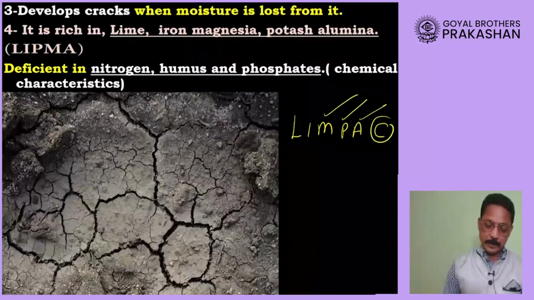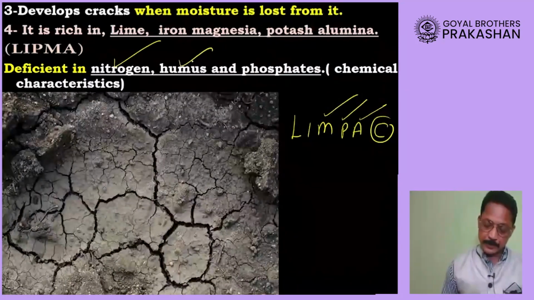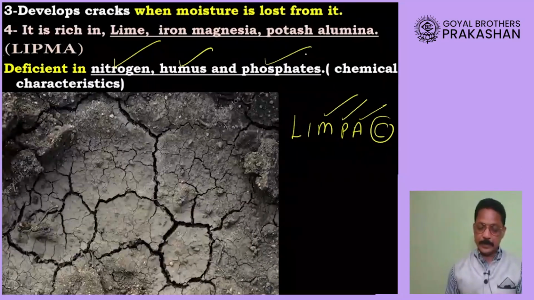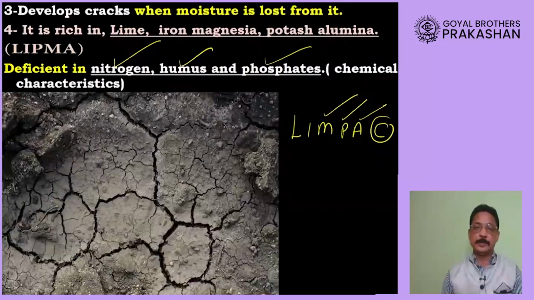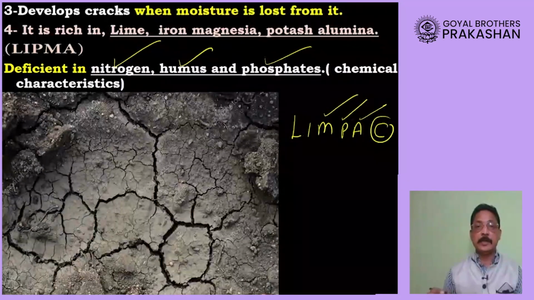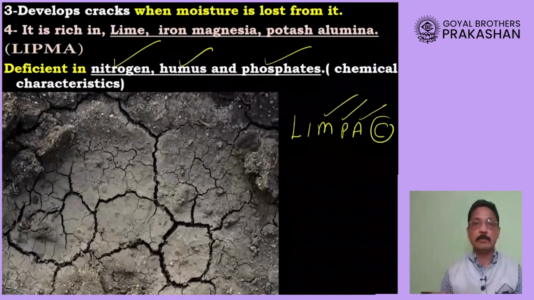But this soil also lacks nitrogen, humus, and phosphate. So these are the chemical characteristics of this soil: it is rich in lime, iron, magnesium, potash, and aluminium or alumina, but it lacks nitrogen, phosphates, and humus.